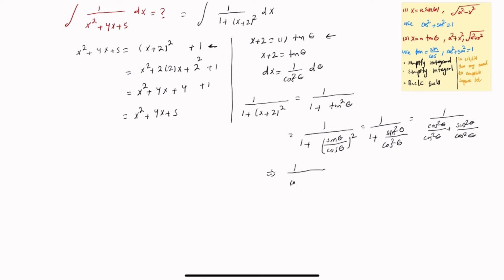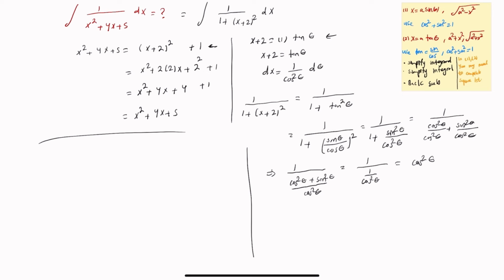So that's going to be equal to cosine squared of theta plus sine squared of theta over cosine squared of theta. Now notice cosine squared of theta plus sine squared of theta, from this identity in here, is going to be equal to 1. So this is going to be equal to 1 over 1 over cosine squared of theta, and that's going to be equal to cosine squared of theta.